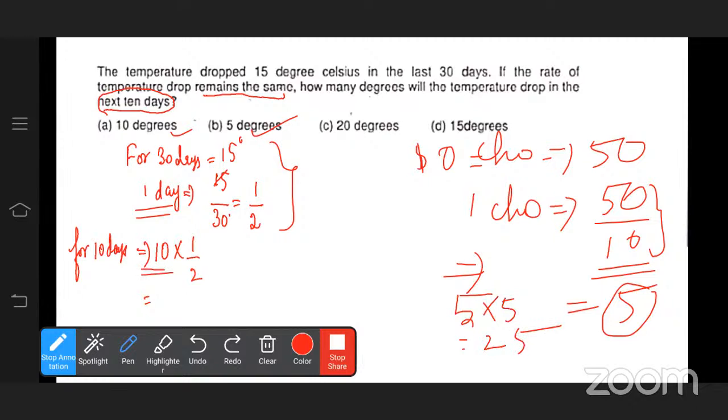So I multiply 10 into 1 by 2, since for 1 day it is 1 by 2. Understand? So 10 ones are 10, 10 divided by 2. So what you got? 5. So 5 degrees Celsius.